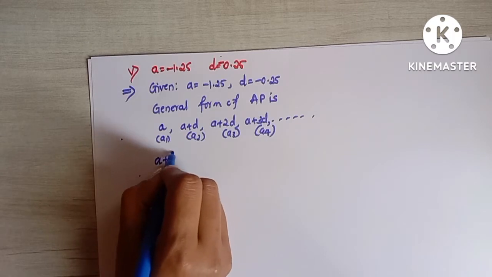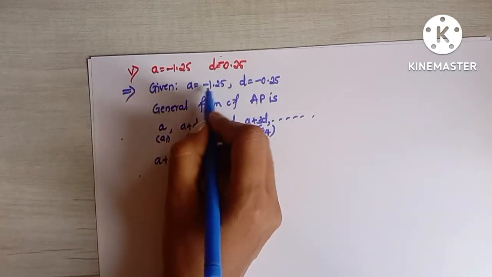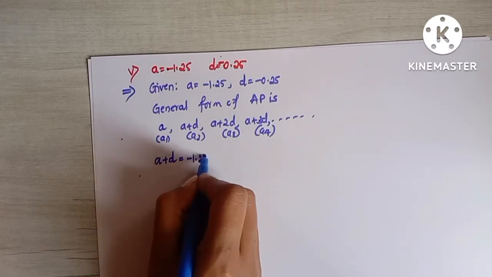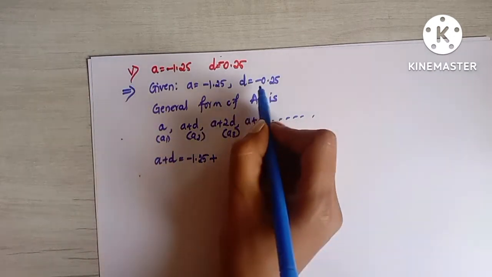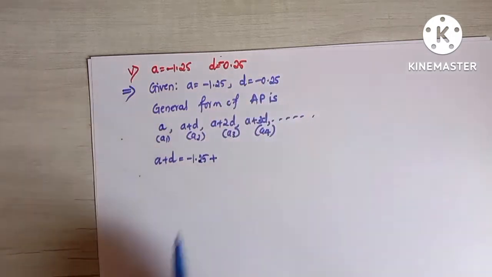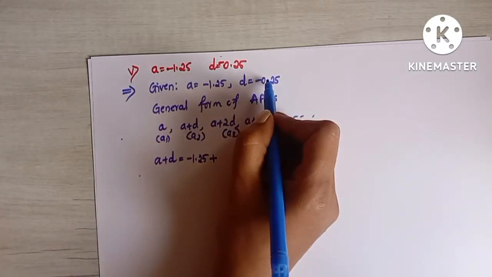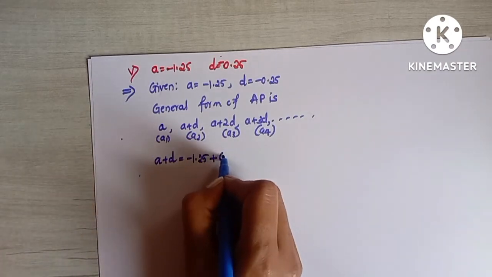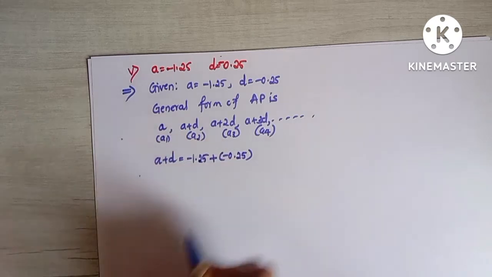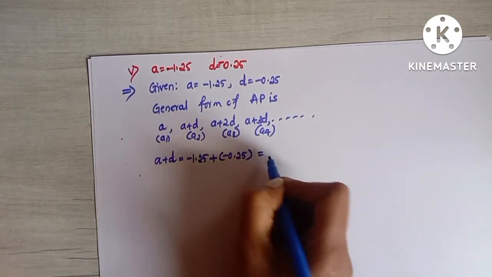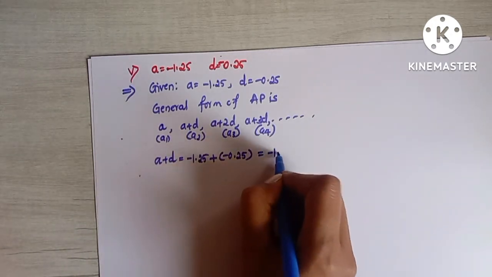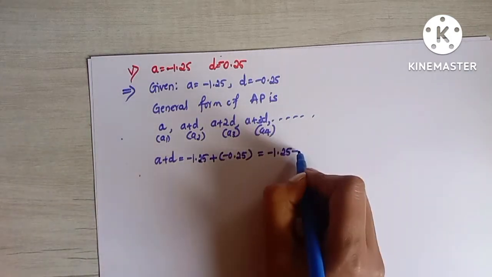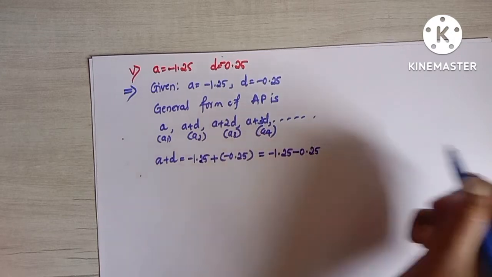So first we have to calculate a2, that is a plus d. In place of a we have to substitute what? -1.25, plus d is -0.25. As I said before, if there is a minus sign, then we always have to put a bracket, that is minus of 0.25. So this will be -1.25, plus into minus is minus, that is 0.25.